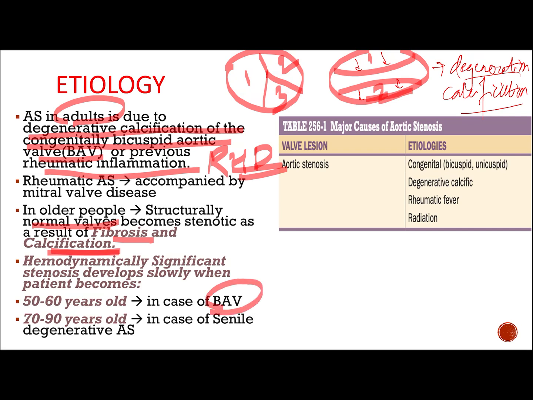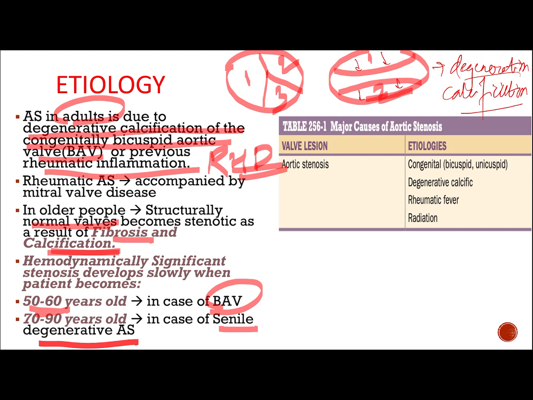In case of bicuspid aortic valve, it only develops after 50 to 60 years. And in case of senile degeneration, the age of presentation is even more delayed, about 70 to 90 years, right?